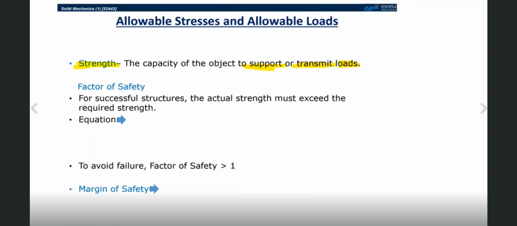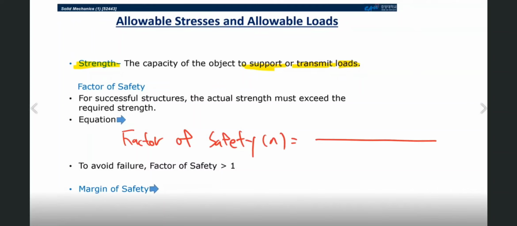Using this concept, we can define that the factor of safety is equal to actual strength over required strength.